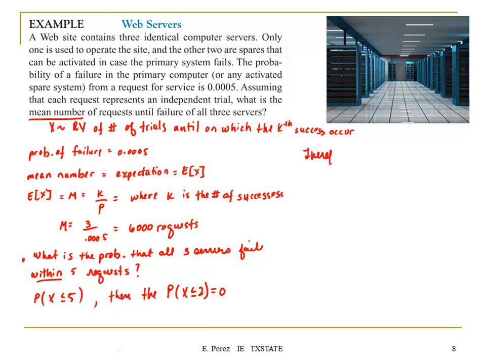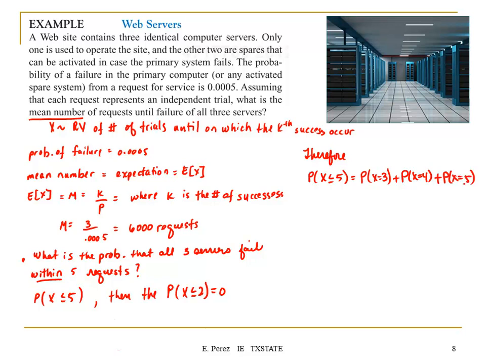Therefore, the probability of x being less than or equal to 5 will be equal to the probability of x equals 3 plus the probability of x equal 4 plus the probability of x equal 5.